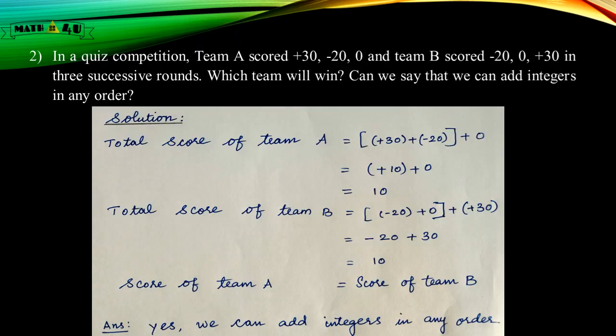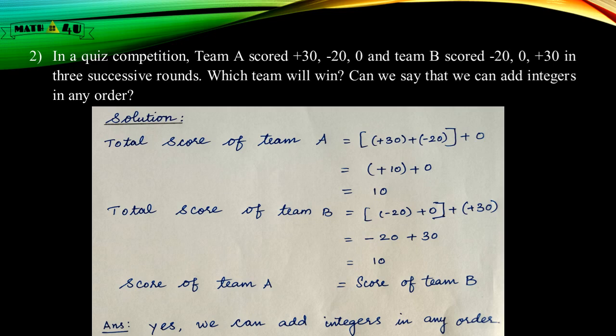In a quiz competition, Team A scored +30, -20 and 0. And Team B scored -20, 0 and +30 in 3 successive rounds. Which team will win? Can we say that we can add integers in any order?